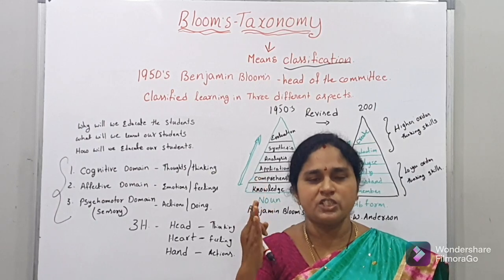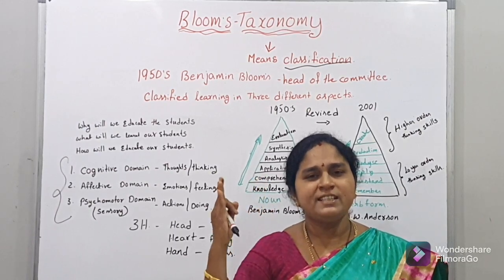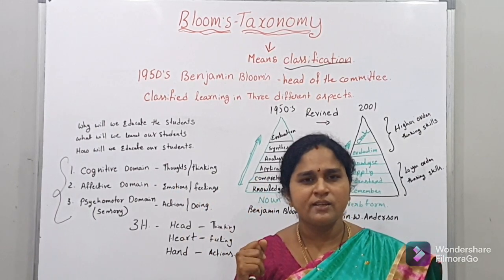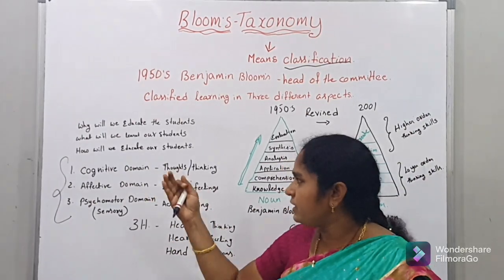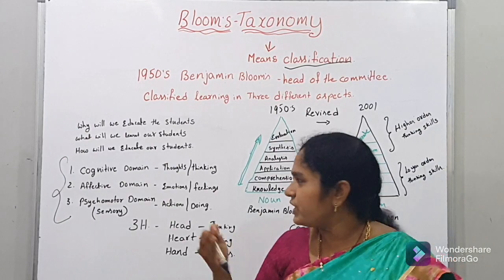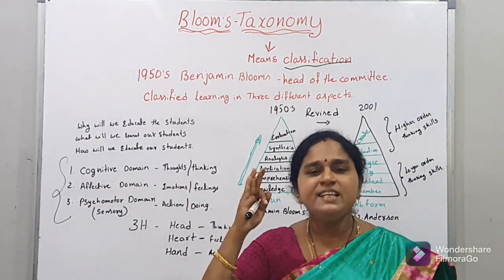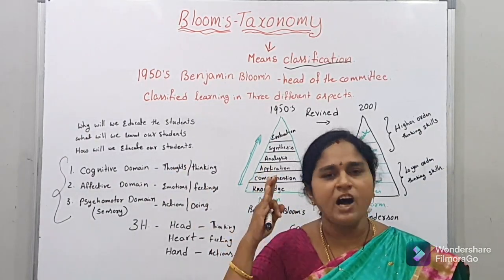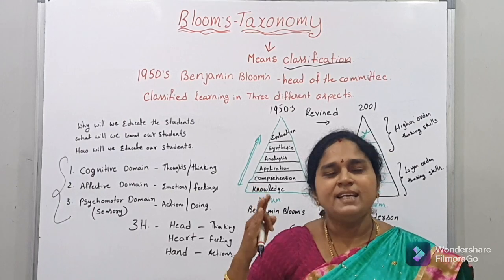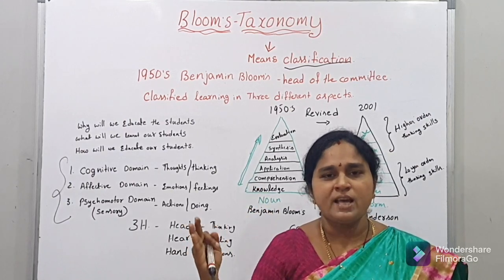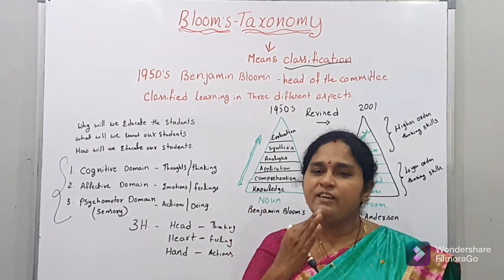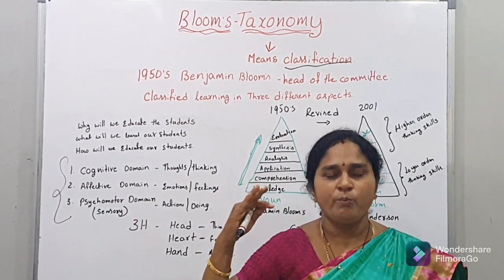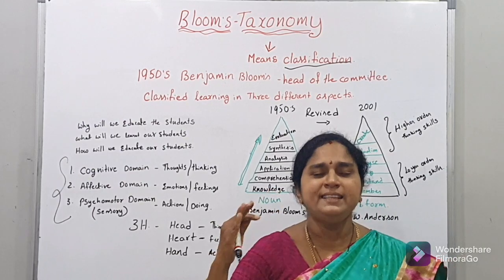These three questions: why will we educate the students, what will we teach our students, and how will we educate our students. From these three questions we get answers about our learning objectives, and evaluate our student at the perfect level. That is the main thing.